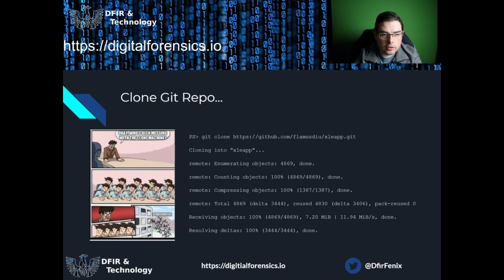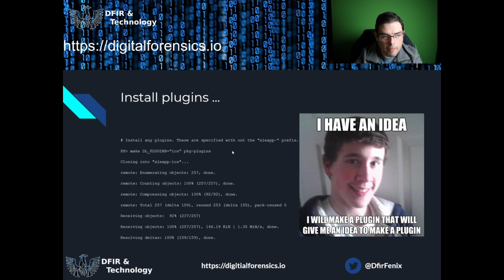Alright, after it clones. Now, this is going to install your plugins. I'm only going to install the iOS one because that's the only one I actually have up on GitHub right now. But in theory, you should be able to install more than one. At some point, I'll update this to show the installation of multiple plugins.